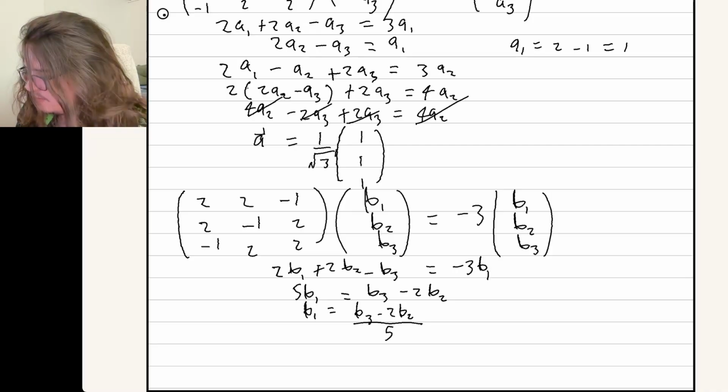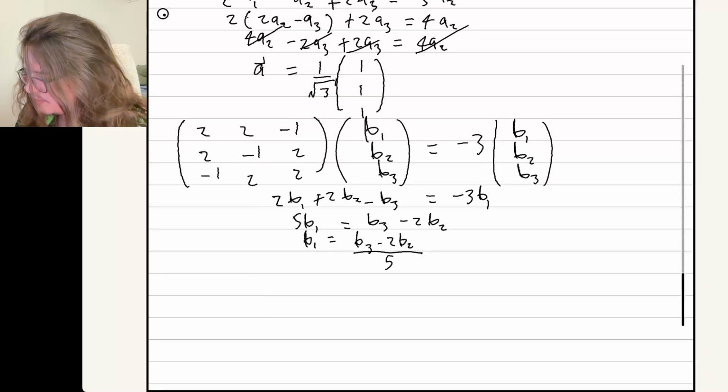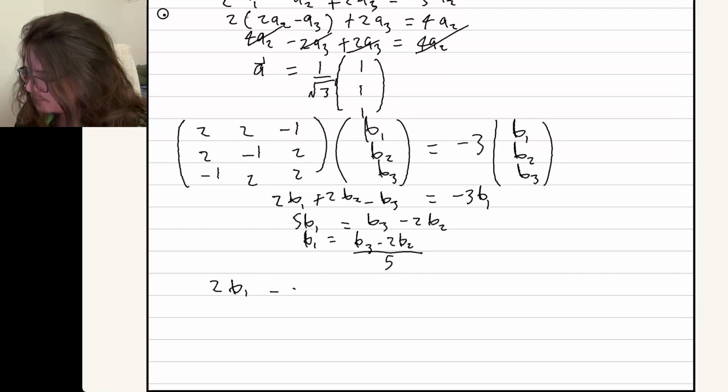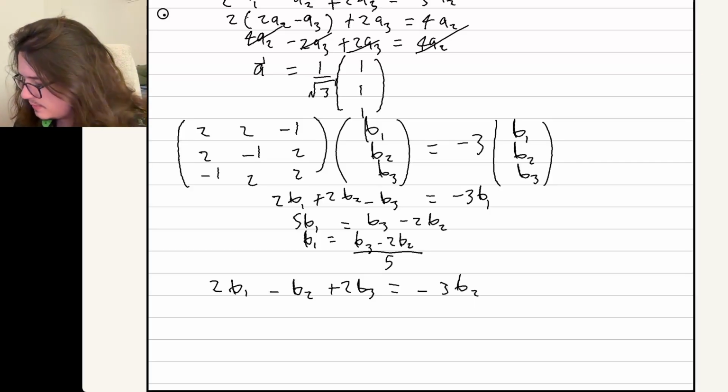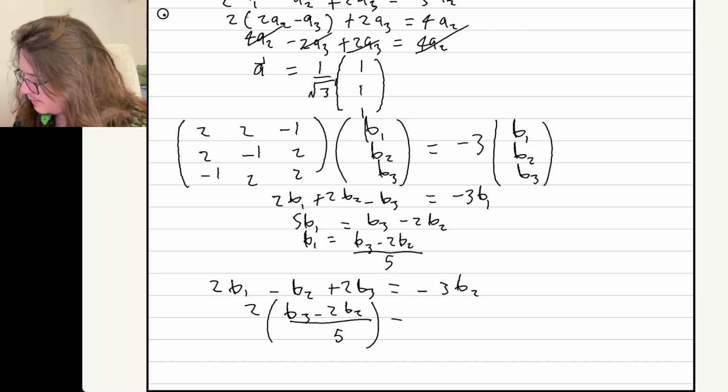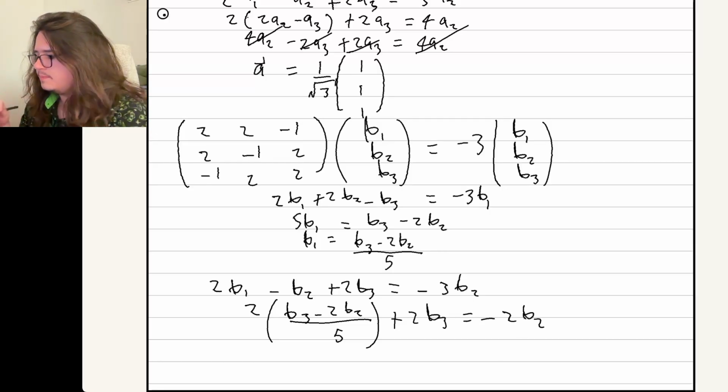Cool. The other equation from the eigenvector equation that we've got up there is 2b1 minus b2 plus 2b3 equals minus 3b2. And let's just add a factor of b2 to both sides. So 2 times b1, which was b3 minus 2b2 over 5, plus 2b3 equals minus 2b2, right?